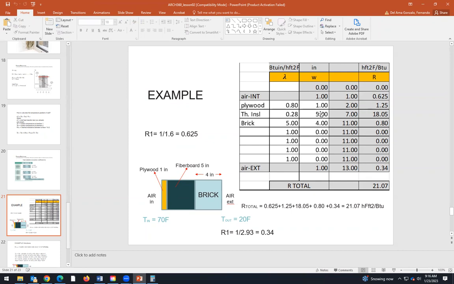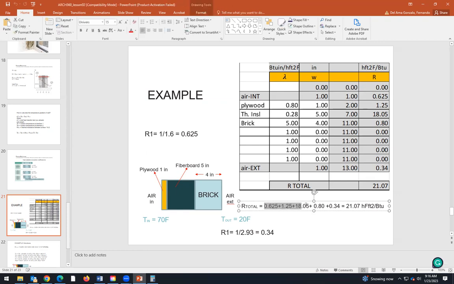The width of the second layer divided by the thermal conductivity, the width of the third layer divided by the thermal conductivity, and finally 1 divided by the exterior coefficient. Okay, then this is the thermal resistance of each layer: 0.625, 1.25, 18, 0.8, and 0.34.